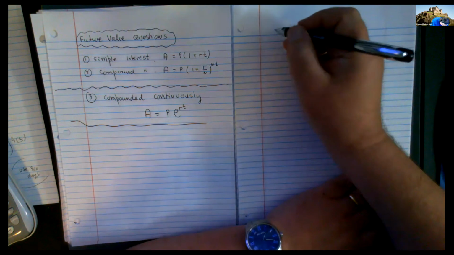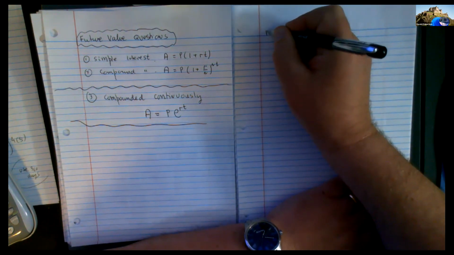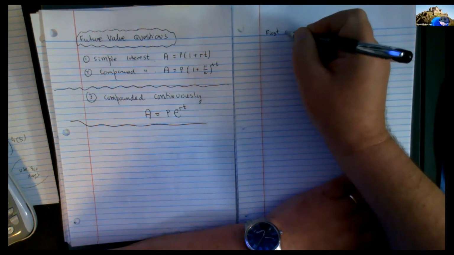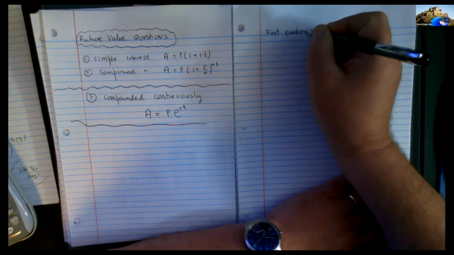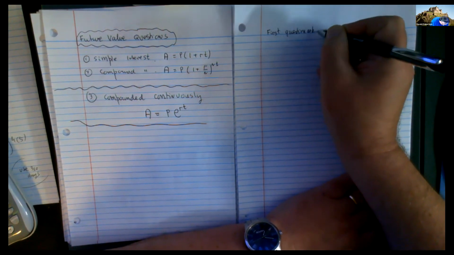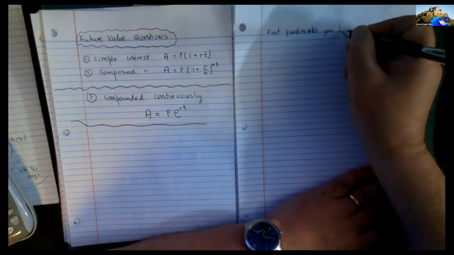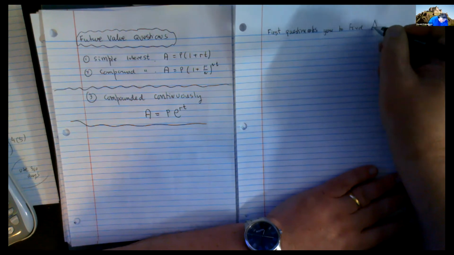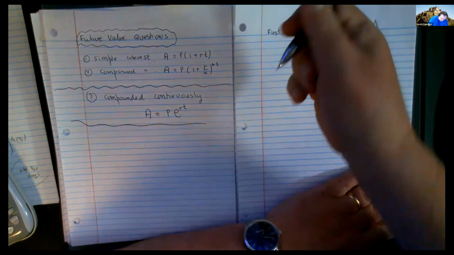So there are two kinds of future value question. The first kind of question asks you to find the future value. And that's the three that we've just done.